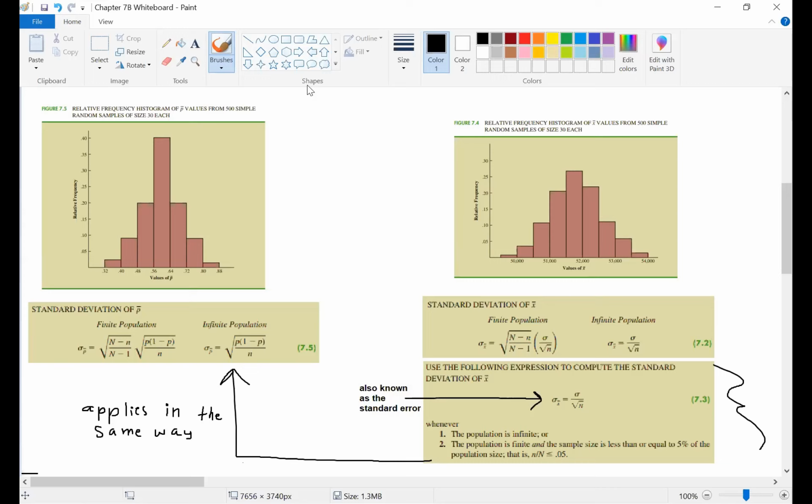here's the general rule of thumb you use. Number 2, this one right here, this is the one that really matters. If your sample size is less than 5% of the population, then you can use the central limit theorem in conjunction with this standard deviation rule. And that's very nice and easy to compute.